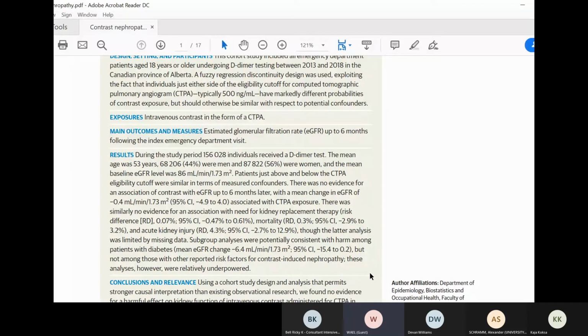Mortality is 0.3%. Acute kidney injury is 4.3, or 95% CI, minus 2.7 to 12.9.